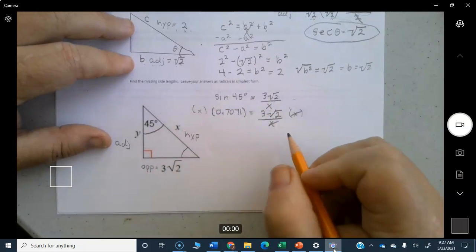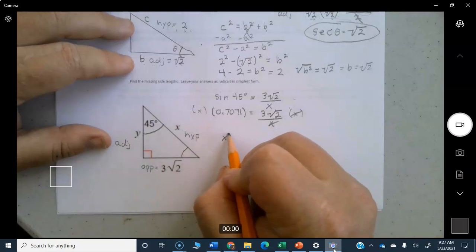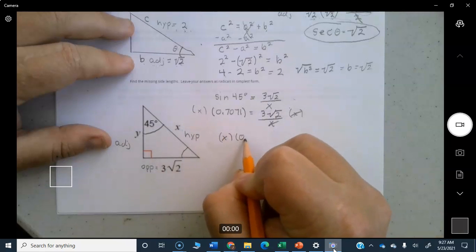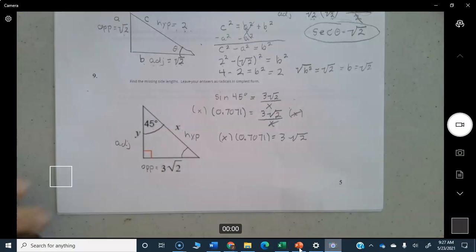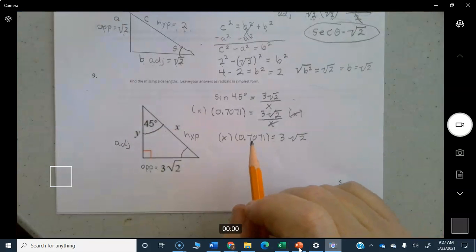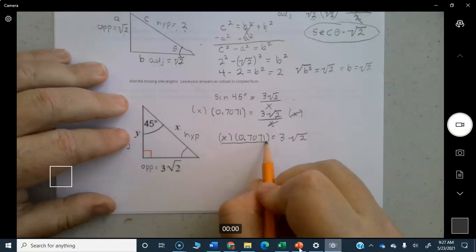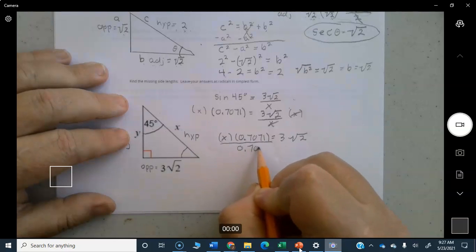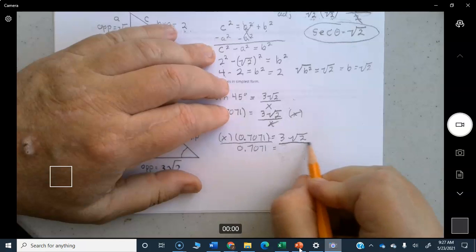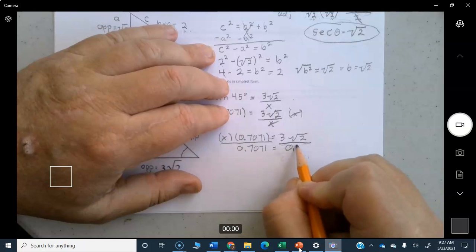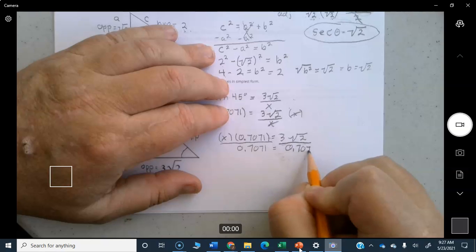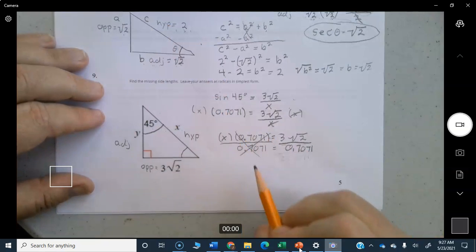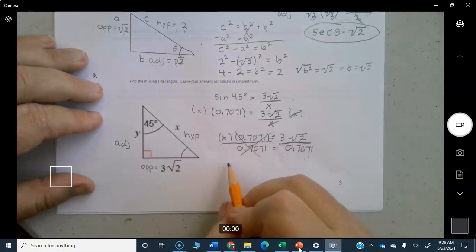Cancel, cancel. And now what you have is x times this. Okay. All right, now you got to divide both sides by this one. Okay, these two cancel out. So you have x equals.